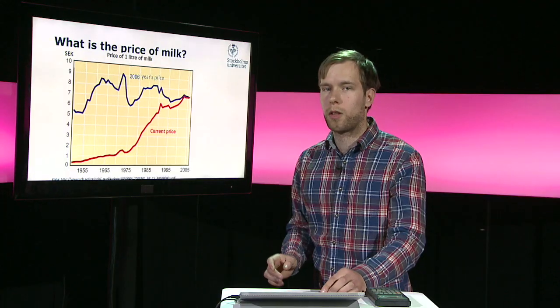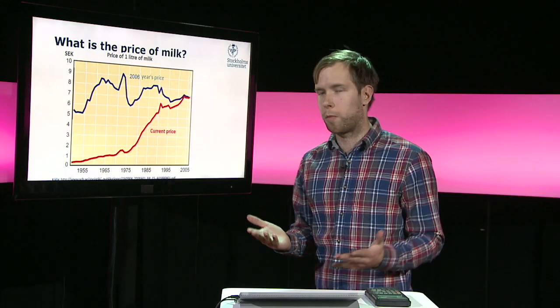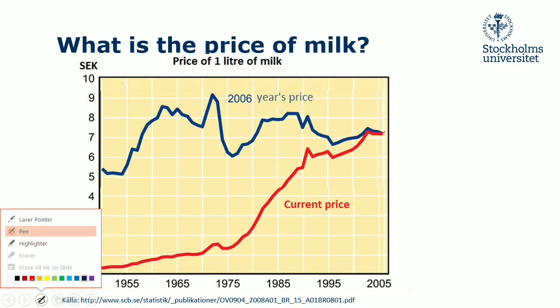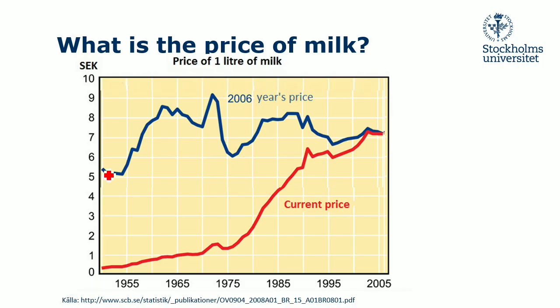So you can make it into comparable terms. So we use the 2006 year's price to see how much milk has actually changed. And when you look at it in this way, you can see that in the beginning of the 50s, milk cost a little bit more than 5 kronor in the value of 2006 year's prices. And today it costs a little bit more than 7 crowns.